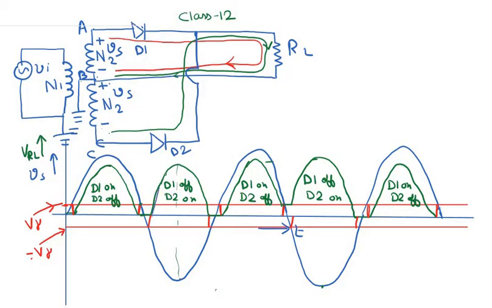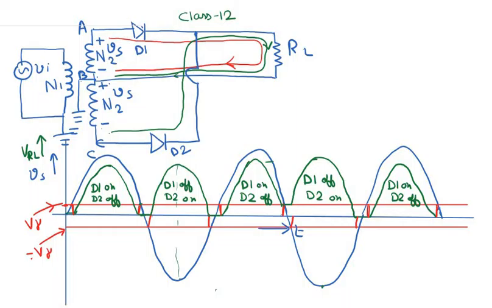These green lines here denote the output voltage across the load resistor RL. So we see that the voltage across RL is positive both during the positive and negative parts of the cycle of Vs.